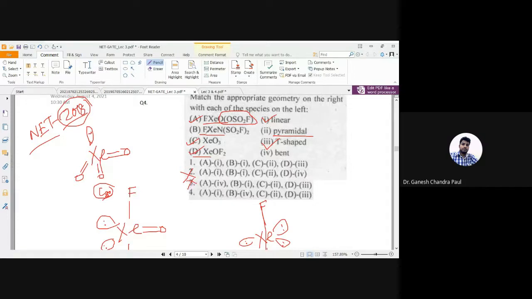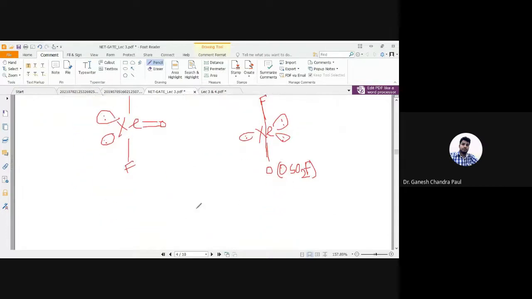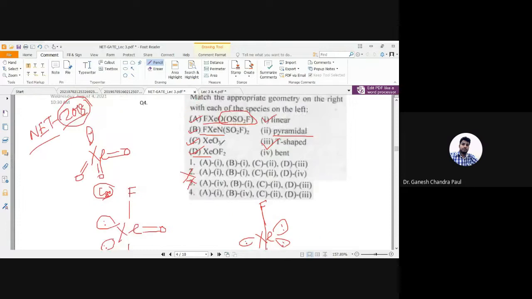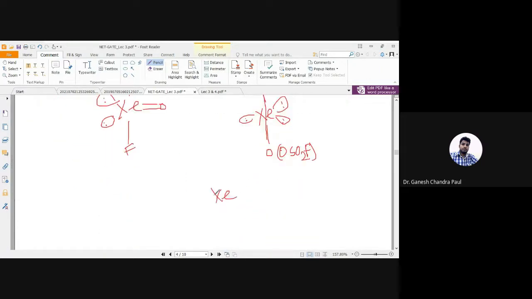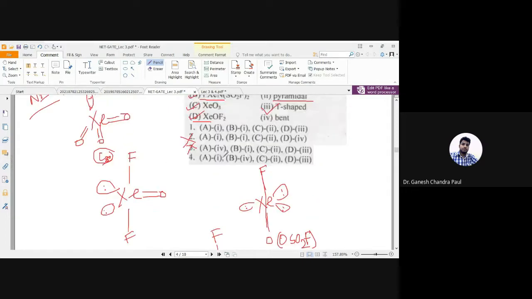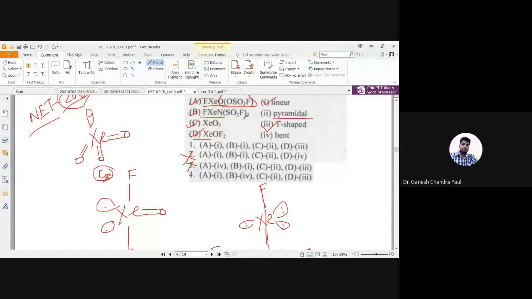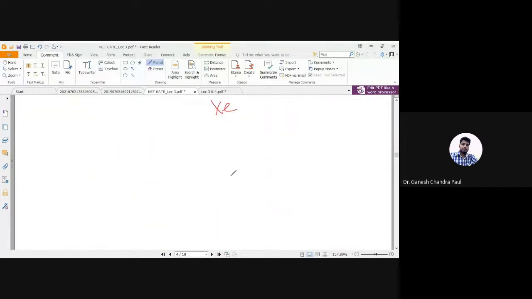Next, coming to this compound, B compound, again it also has a linear structure. Xenon, that part is also linear. Next, in a similar way, if you look at here, it is Xe, then one side is occupied by fluorine and the other side is occupied by nitrogen, N(SO2F)2.